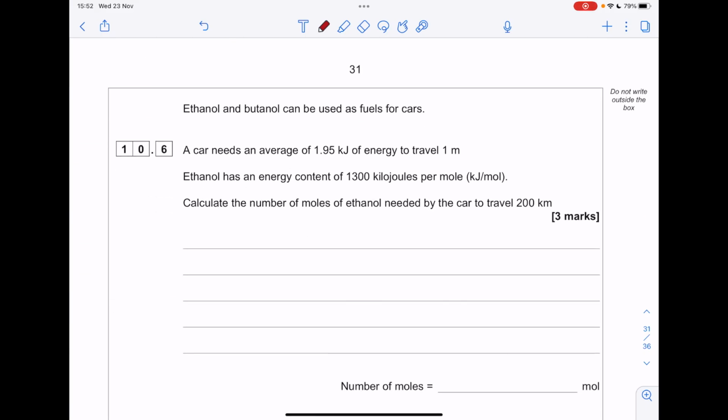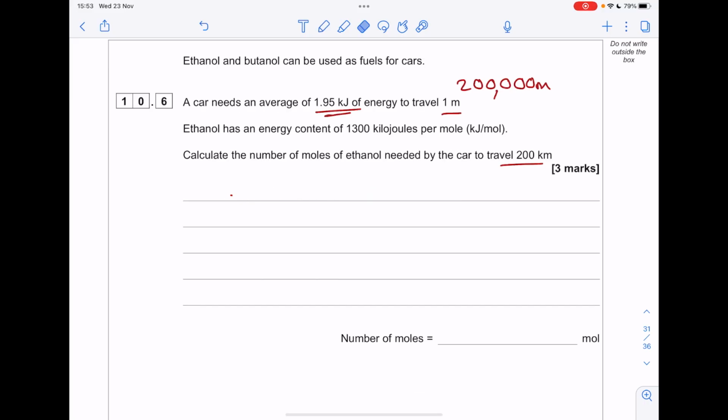Ethanol and butanol can be used as fuel for cars. A car needs an average of 1.95 kJ of energy to travel 1 metre. Ethanol has an energy content of 1300 kilojoules per mole. Calculate the number of moles of ethanol needed by the car to travel 200 kilometres. Okay, let's be a bit careful here with our units. The first thing we need to do is work out how many metres there are in 200 kilometres, and it's 200,000.